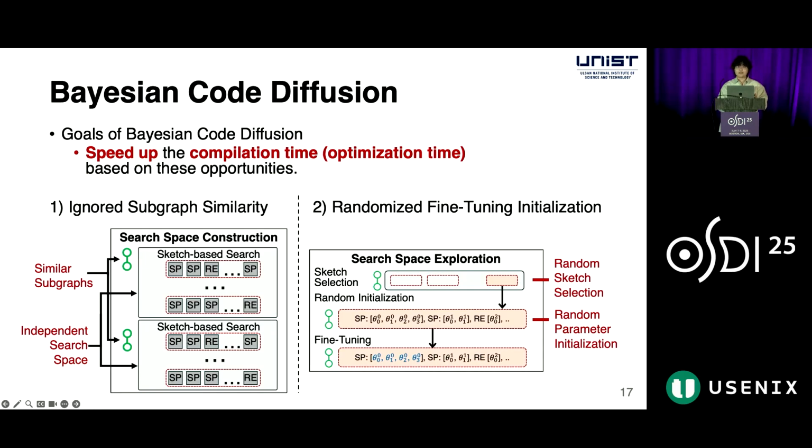To take advantage of these opportunities, we propose a method called Bayesian code diffusion. The goal of Bayesian code diffusion is to speed up the compilation time by leveraging these key opportunities.